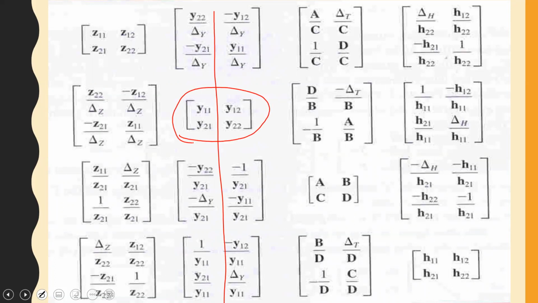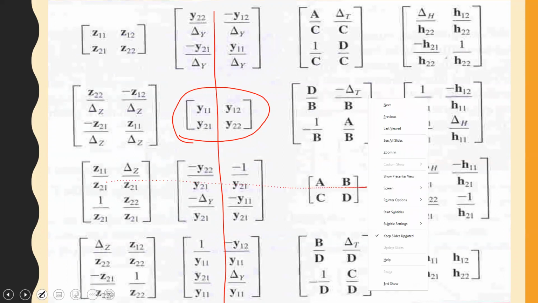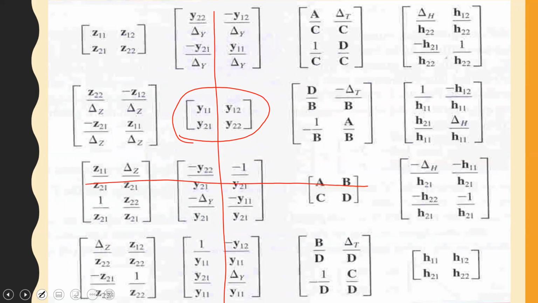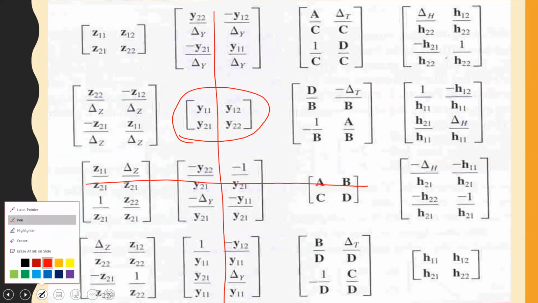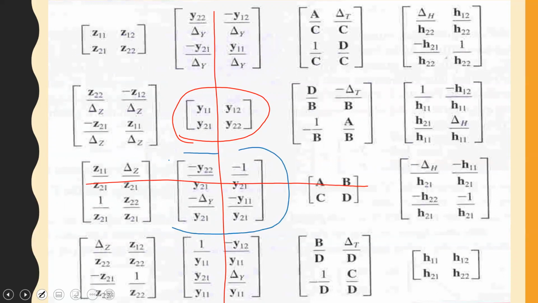And if I want the transmission parameters, so what I have are the admittance, what I want are the transmission, I'm going to move horizontally with what I want. So I've moved horizontally. Where the two intersect will be the matrix that I use to convert.